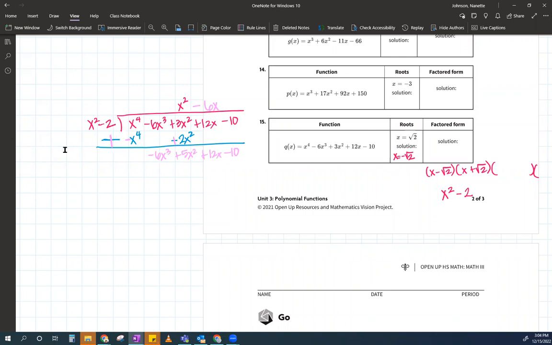So this would be minus 6x cubed. Negative 6x times negative 2 would be positive 12x. And then I'm going to subtract, so I'm going to add the opposites. Those both go away. So now I'm left with 5x squared minus 10.